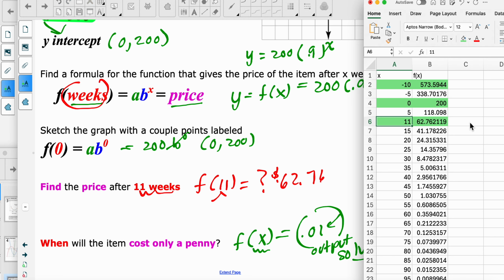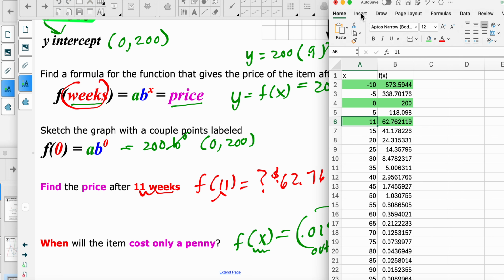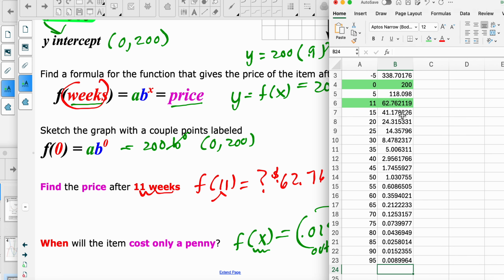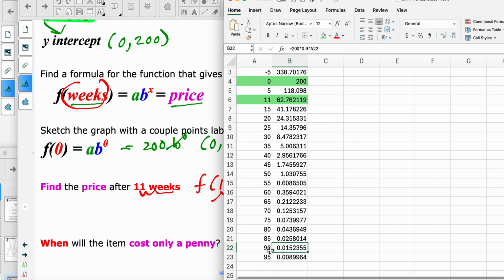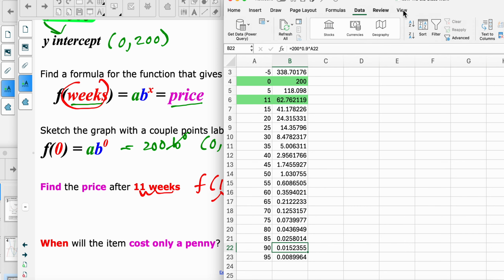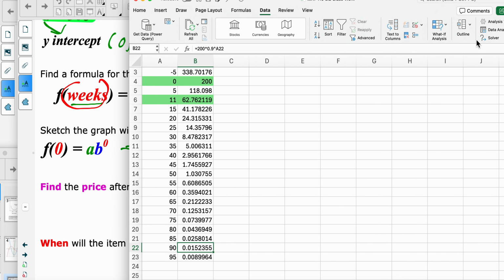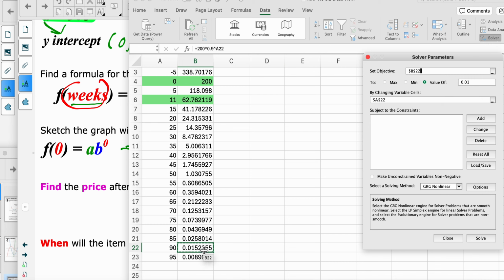So let's go here to Excel. I'm going to go down my output column, and I want to keep going. I'm going to come down to where it's closest to 1 cent. It looks like somewhere between 90 and 95. Let's just see what happens at 90 weeks. Let's use Solver, Data, Solver. I want to force this cell to equal 1 cent.